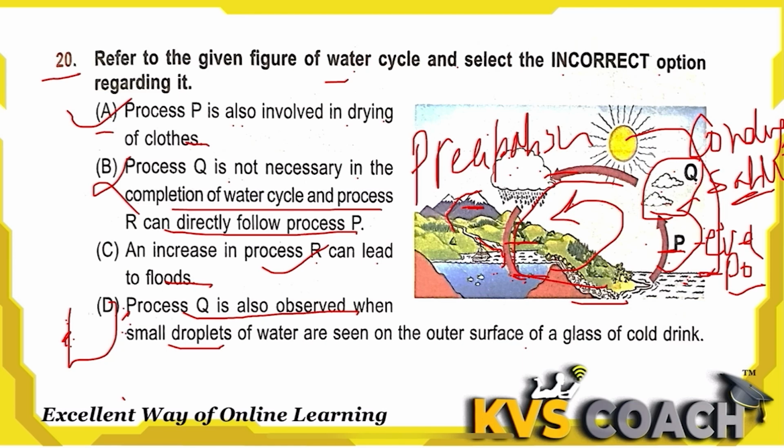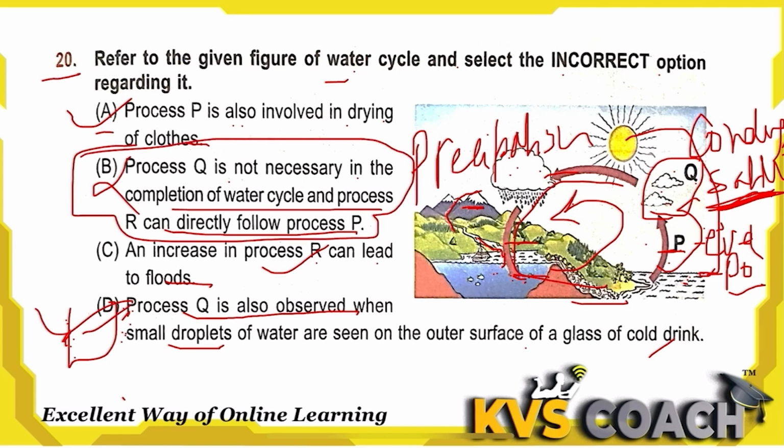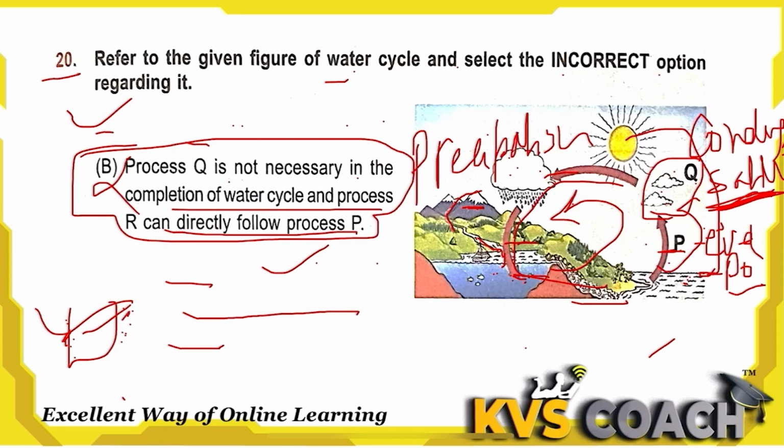These water drops come out by the process of condensation. This is absolutely right. So the incorrect statement is only option B. Option B is the right answer for this question.